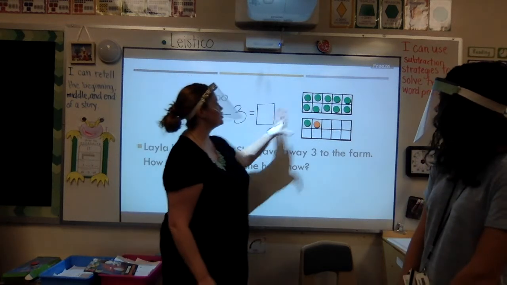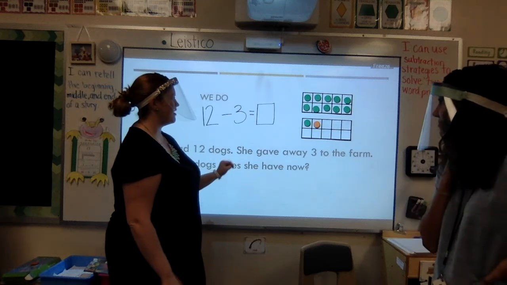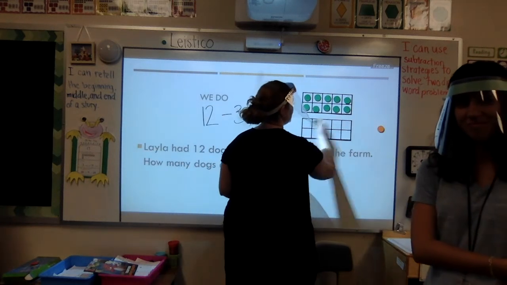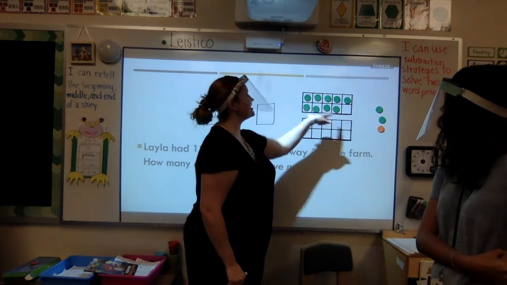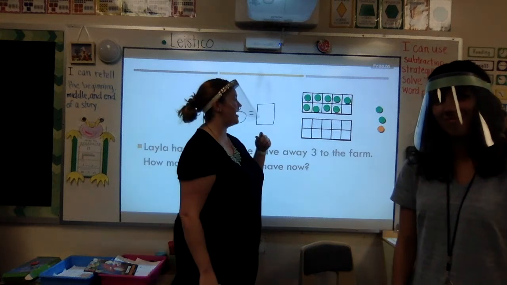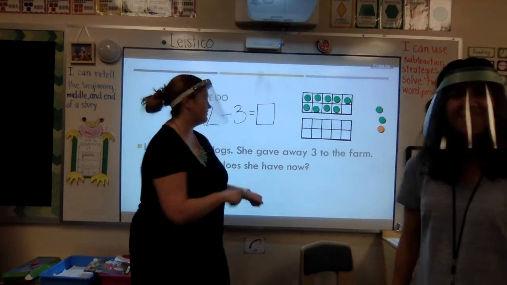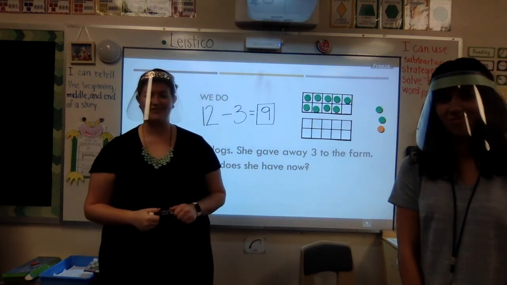Okay, so I have 12. These are her 12 dogs. Oh, but she gave 3 away. Oh, I just need to take 3 off of the 10 frames. 1, 2, 3. Oh, and now I see. She has 9 left. And I don't even have to count because I know it's a 10 frame. And if only one is missing, it's 9. So Layla has 9 dogs left.